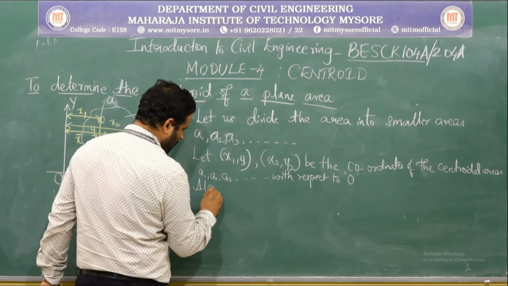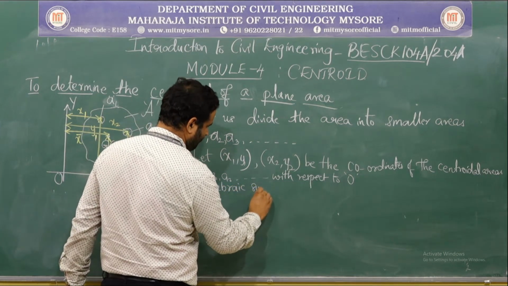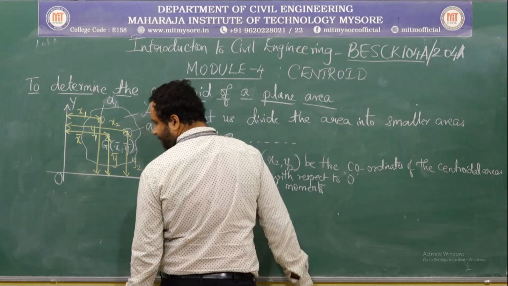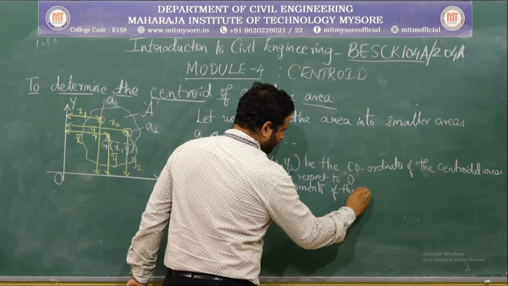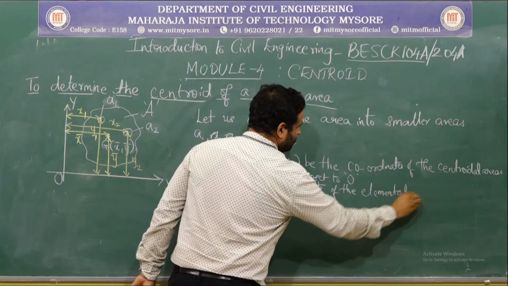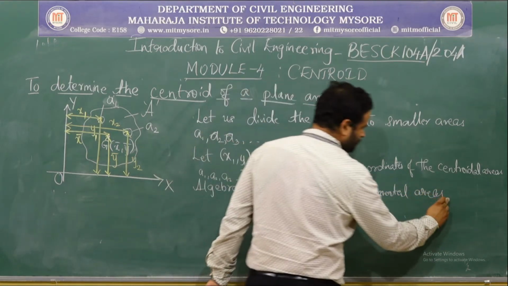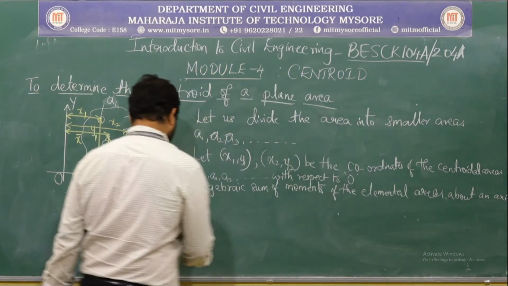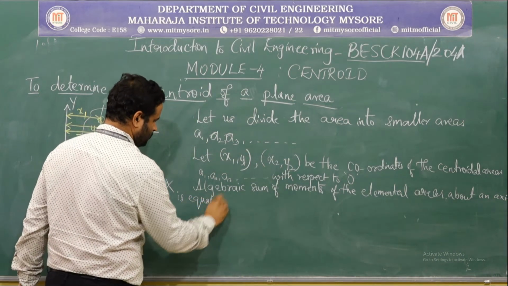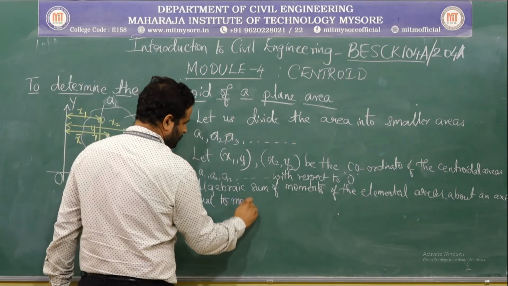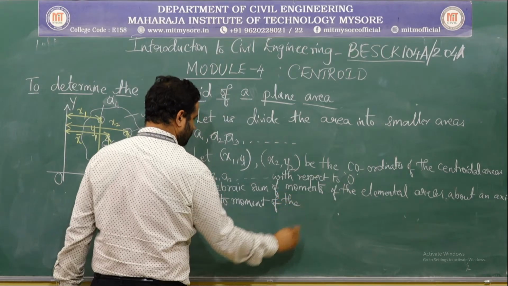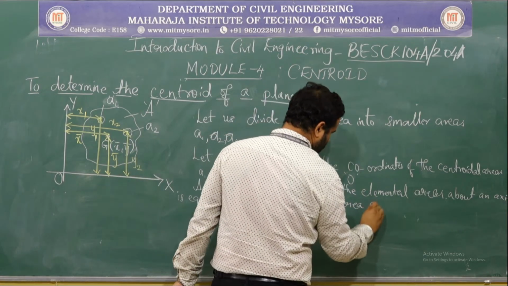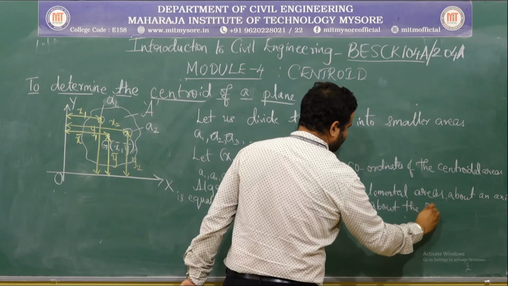Next, the algebraic sum of moments of the elemental areas about an axis is equal to the moment of the whole area about the same axis.